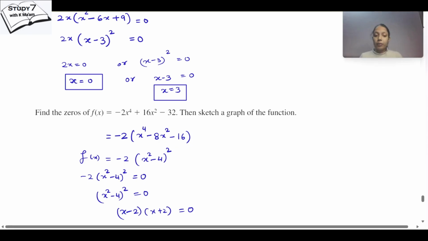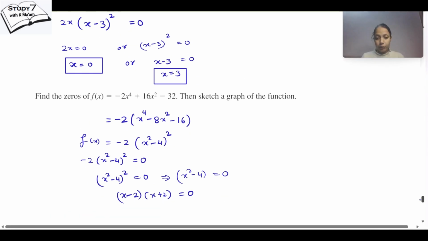Because the square of something is 0, that means the term itself is 0. From here, x squared minus 4 is 0. And I apply the formula a squared minus b squared, which is a minus b and a plus b: x minus 2 and x plus 2 equals 0. So here you have roots x equals 2 and negative 2.